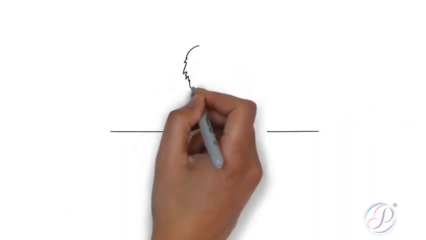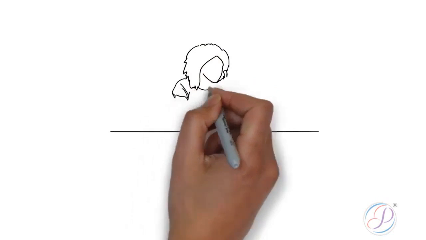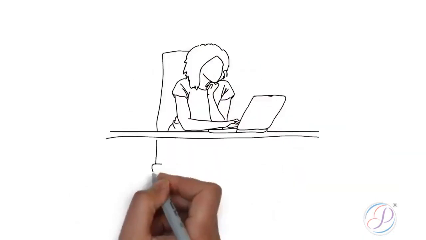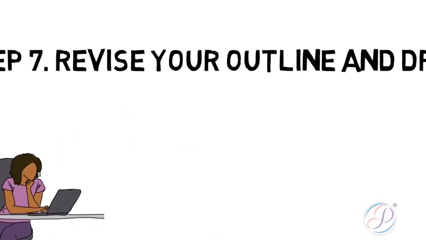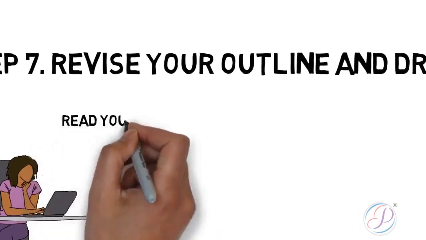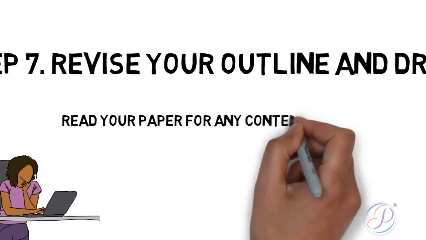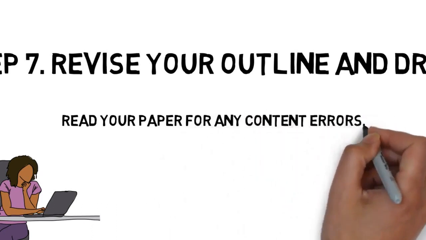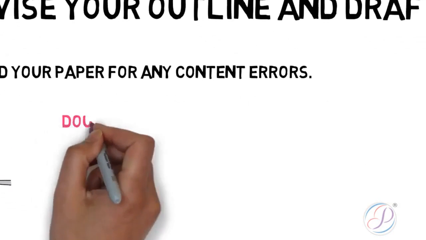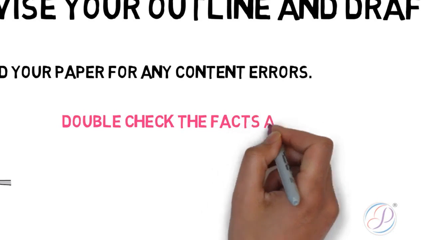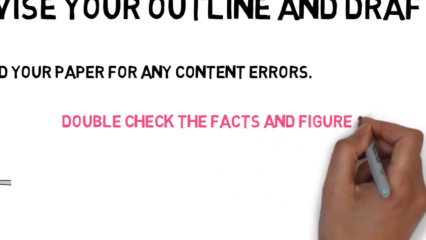Step 7 is to revise your draft. After having written your draft, you have to revise it to make it a more meaningful and authentic source of information. Read your paper carefully. For any content error, you have to edit and correct it. Double check the grammar and the facts of your paper.